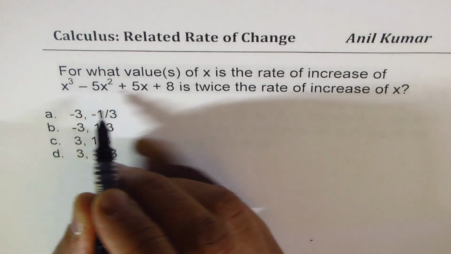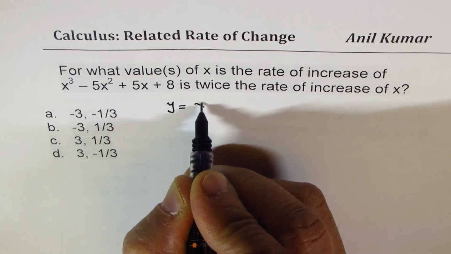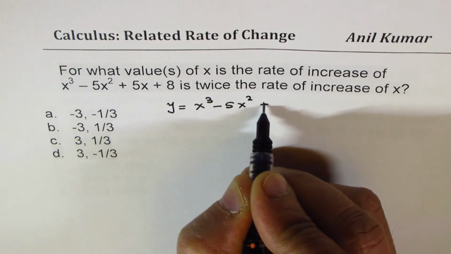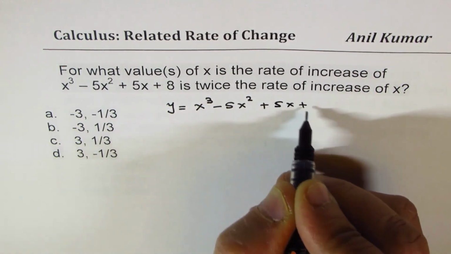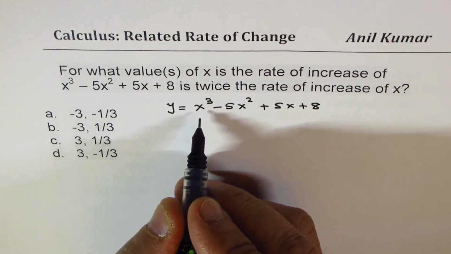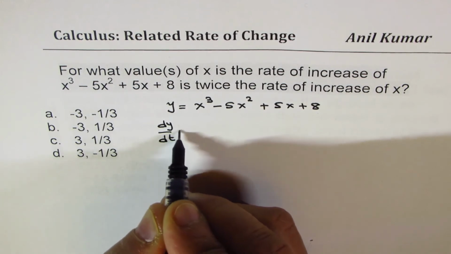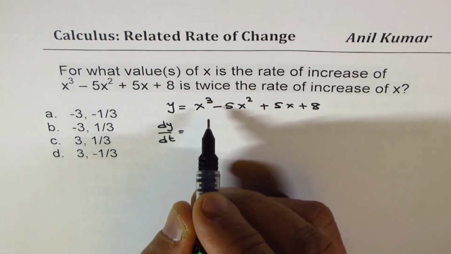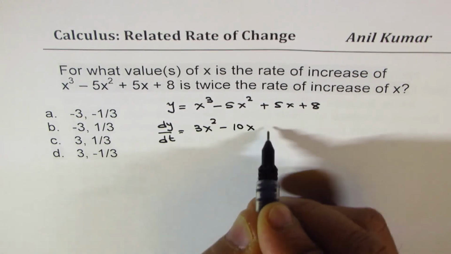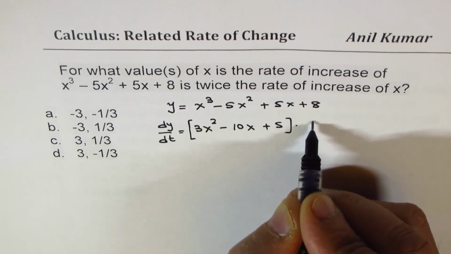Here is the solution. We should write this equation as y equals x cubed minus 5x squared plus 5x plus 8. Now if we differentiate both sides with respect to t, we get dy/dt equals (3x squared minus 10x plus 5) times dx/dt, right?